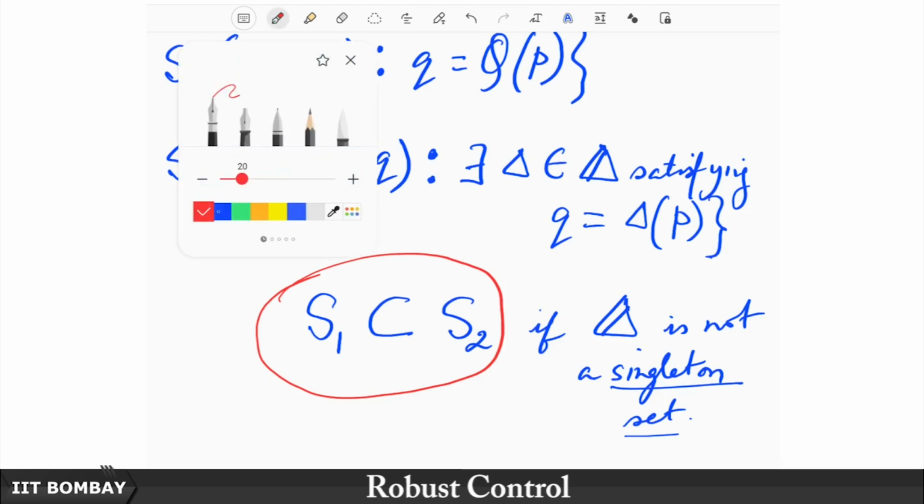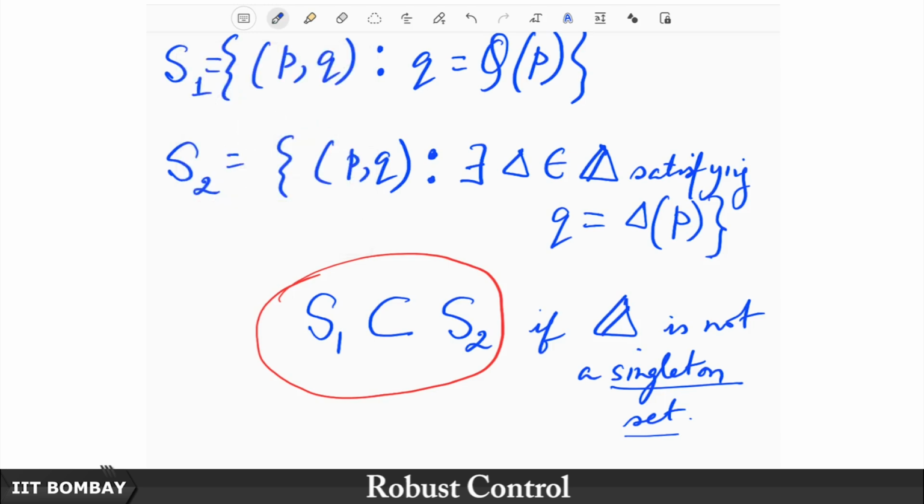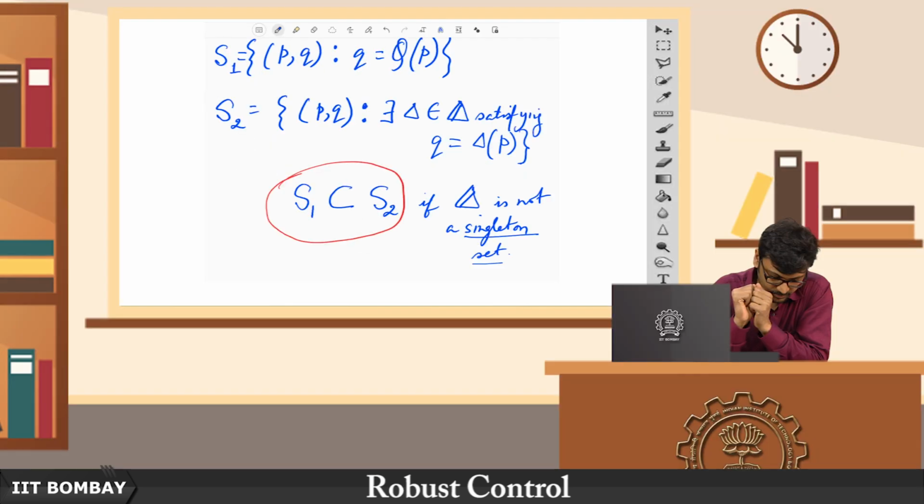So, why am I saying that it is obvious that this is going to be a subset? Think about it. Just think about it. What does it mean to say that S1 is completely included by the set S2?